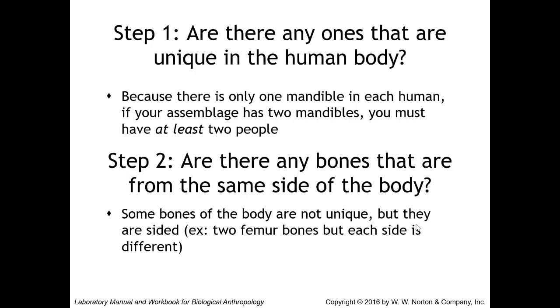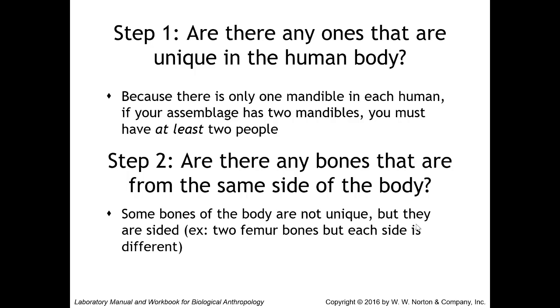So say you have 1 mandible, but you have 2 right femurs and 1 left humerus. Still a minimum of 2 individuals. Again, you could have more, but you can say with certainty that you have at least 2 individuals.